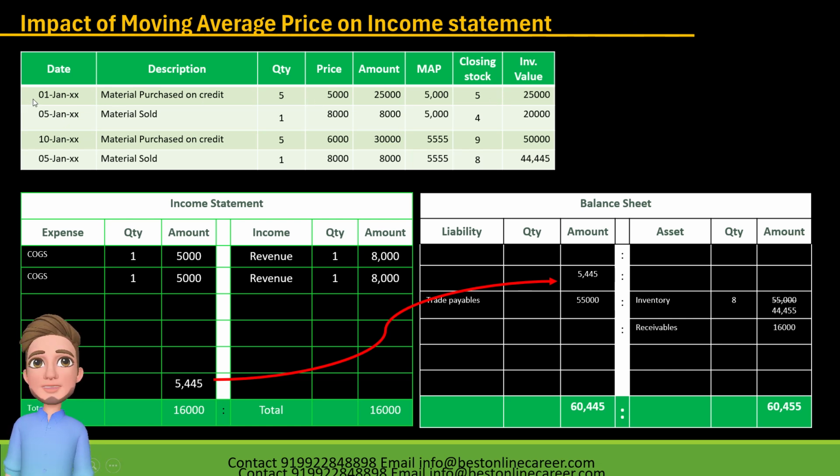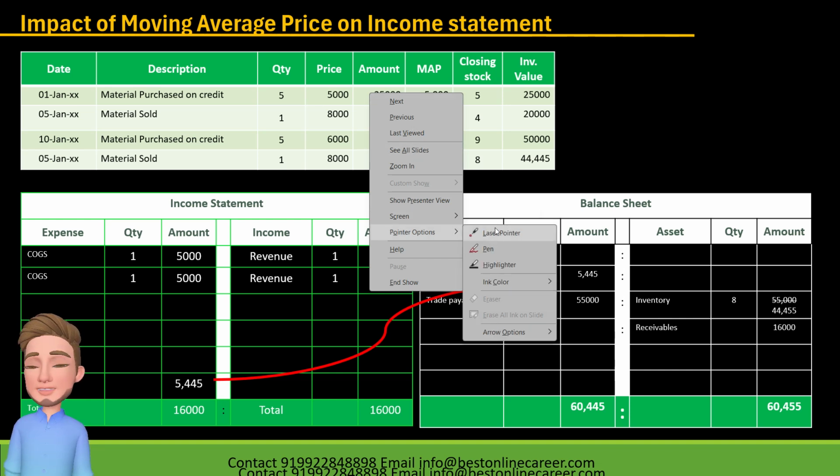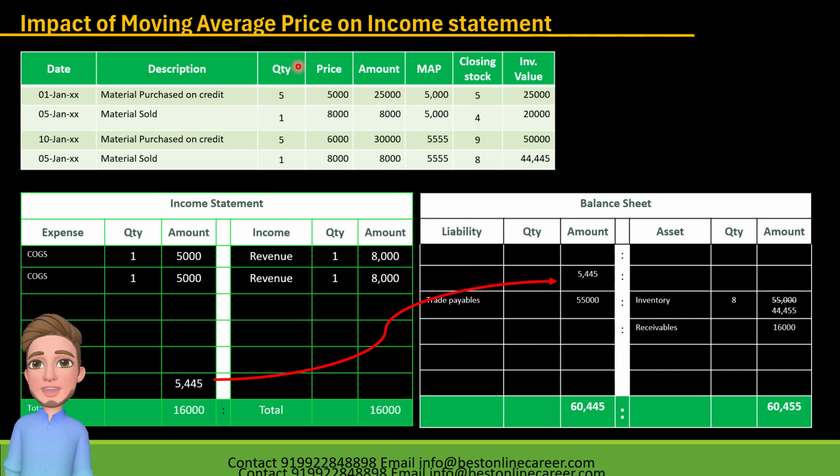is I purchased on 1st Jan a material on credit, 5 units at 5,000, which comes to 25,000. Accounting is all numbers, so it's a number game. Those of you who enjoy arithmetic will be really happy to work on this. So 5 units, I bought at 5,000, so it is 25,000.